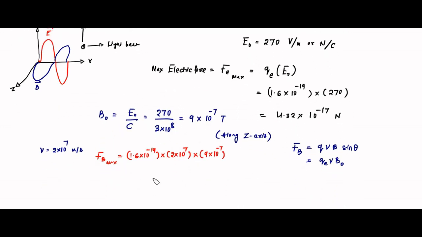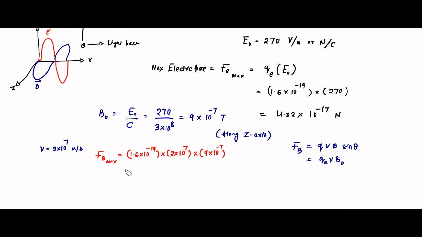So it is coming around 2.88 into 10 to the power minus 18 Newton. So this is the maximum magnetic force.